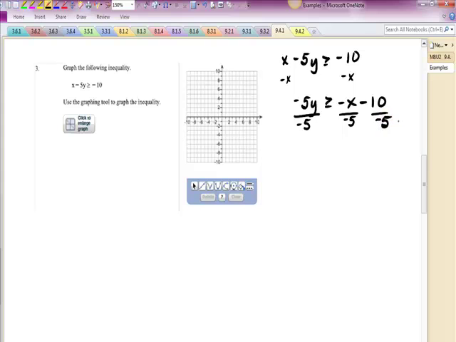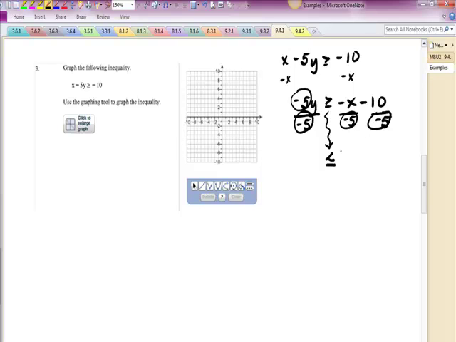Now, I don't know that you remember this from your previous study of inequalities, but when you divide both sides of an inequality by a negative, then the inequality symbol reverses. That's when it reverses, is when you either multiply or divide by a negative.